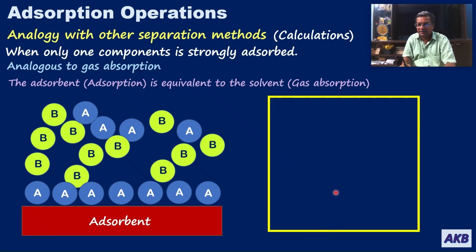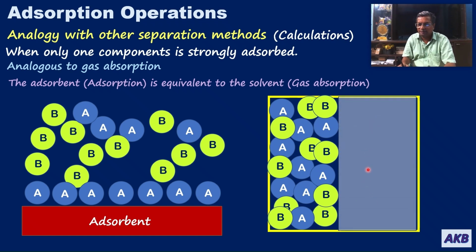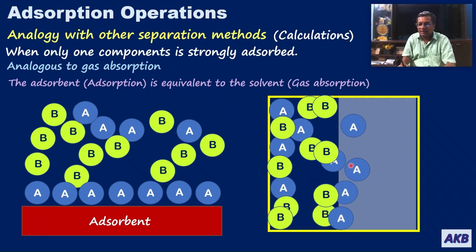Let us say I am showing the gas absorption operation. You have the gaseous mixture, and in gas absorption, the gaseous mixture is contacted with a suitable liquid, and that liquid is nothing but the solvent. Once the two phases, liquid and gas, are contacted, component A from the gas mixture will be transferred to the solvent phase.